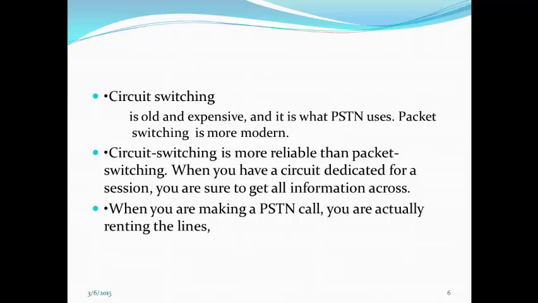The third one is resilience. Packet switching networks are resilient to change. Packets find their way to their destination with the help of routers, which use their knowledge of the network to send traffic along the most efficient route.